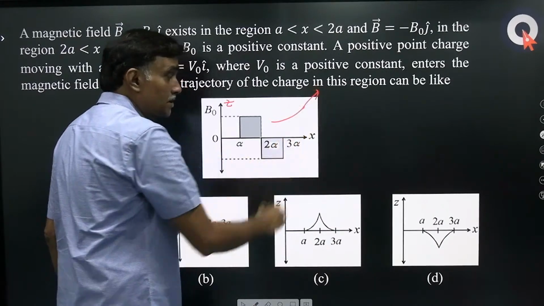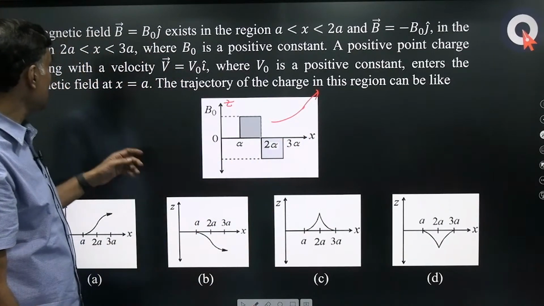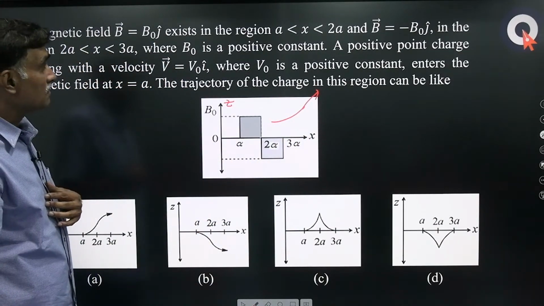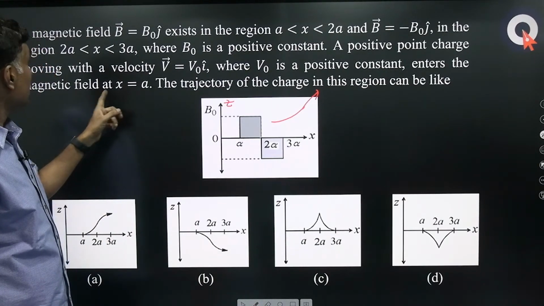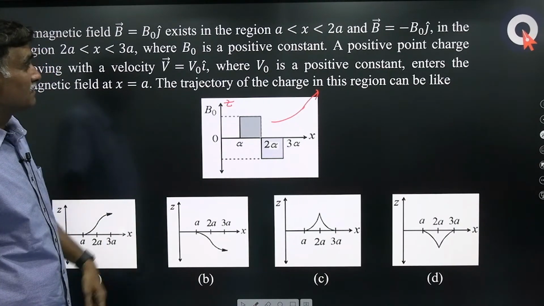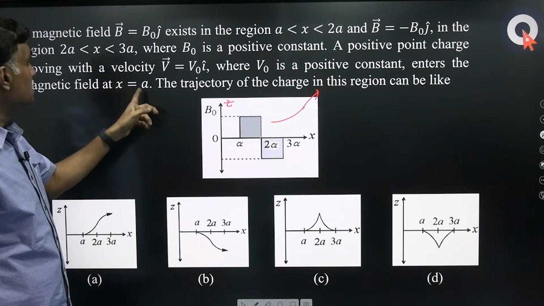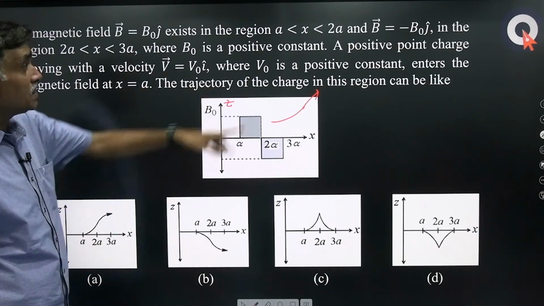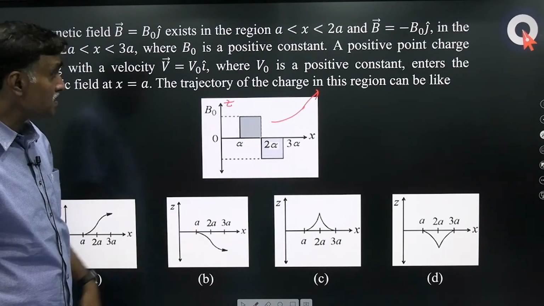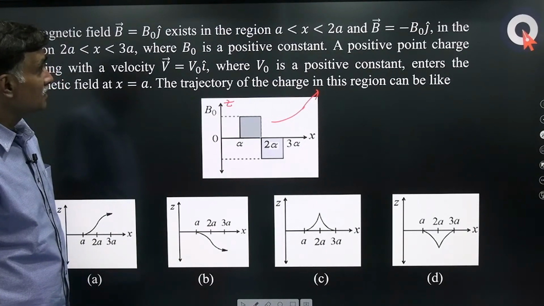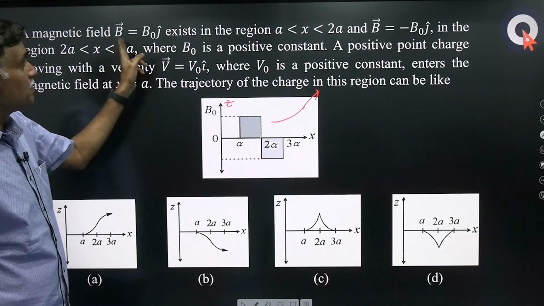Once it comes to 2A, the velocity will be in this direction, but the magnetic field direction has changed. It is minus b naught j bar between 2A and 3A, whereas between A and 2A it is b naught j bar.